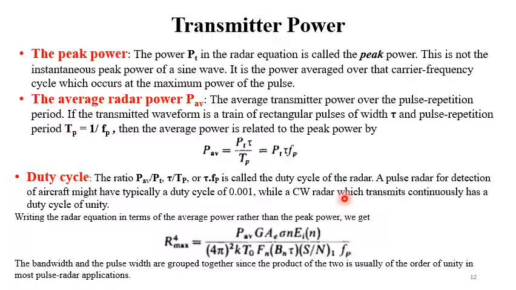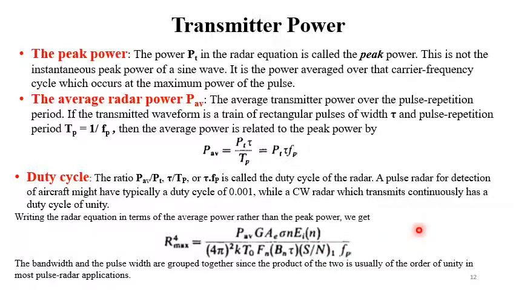Writing the radar equation in terms of average power rather than the peak power, so we are modifying the radar equation again in terms of average power. We can write R to the power 4 max equal to P_AV, instead of Pt we are writing it as P_AV, into G A_e sigma n E_i n divided by 4 pi whole square k T0 Fn Bn into tau (S/N)1 Fp.